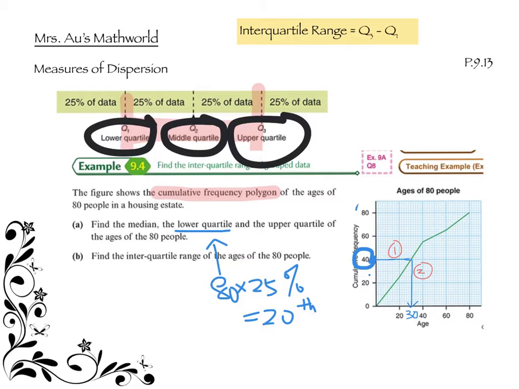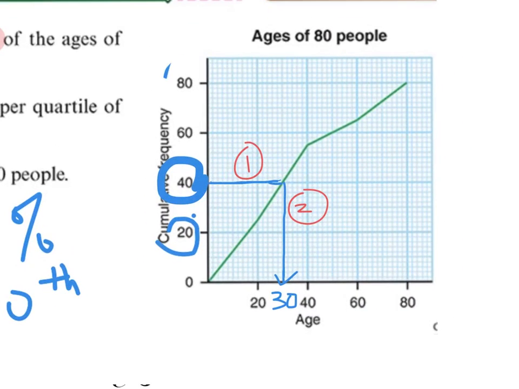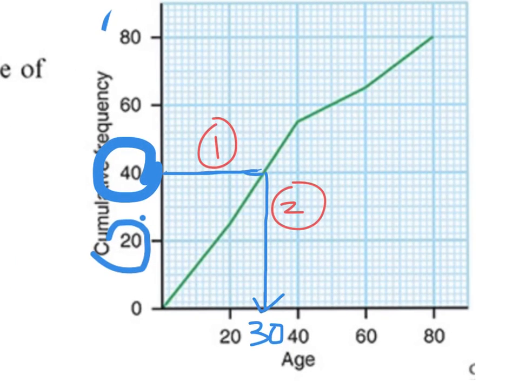So we start from the 20th, and then we draw a line until we touch the green line, and then go downwards. Each small interval is 2, that means it is 2 intervals, so it should be 16. Therefore, the lower quartile is 16.